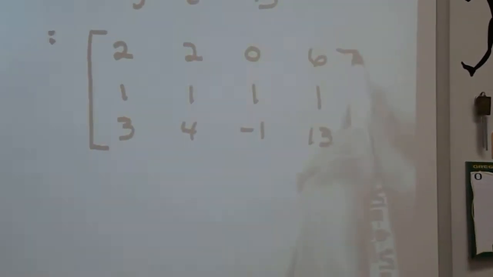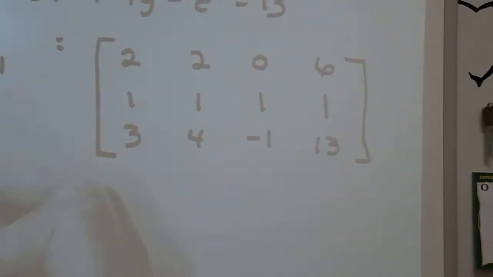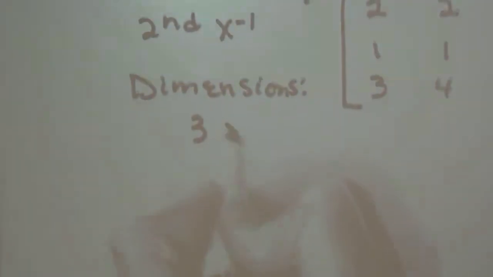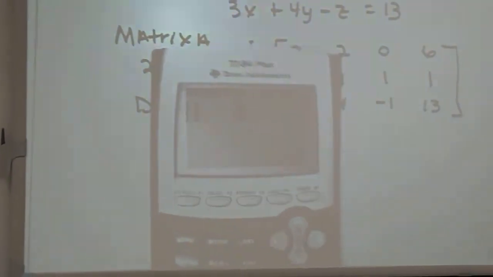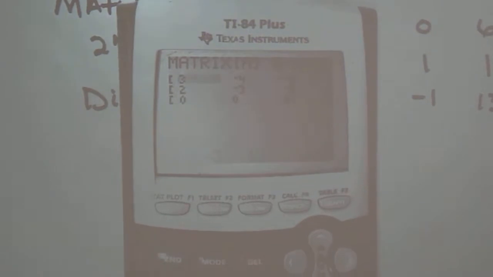Yay. All right, so I'm going to write the dimensions out. The dimensions of this particular one are 3 by 4. And we've already set that up. We're ready to put those elements in. So let's see. Starting with 2.